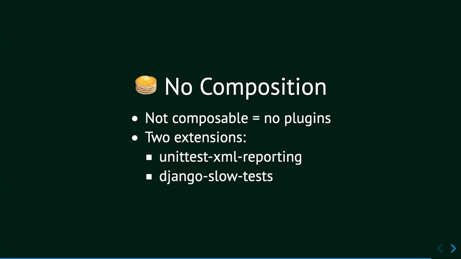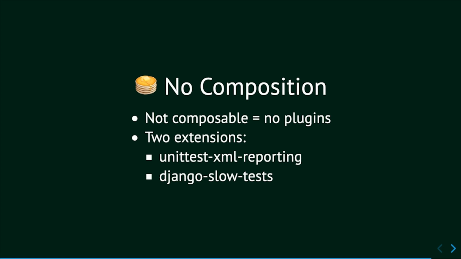I know of only two extensions that are used with Django's test framework. One is called Unit Test XML Reporting, and this is used on Django's own CI system. This changes the output to record an XML file alongside the normal text-based output. So the CI system, Jenkins, can make a report upon the status of the tests.